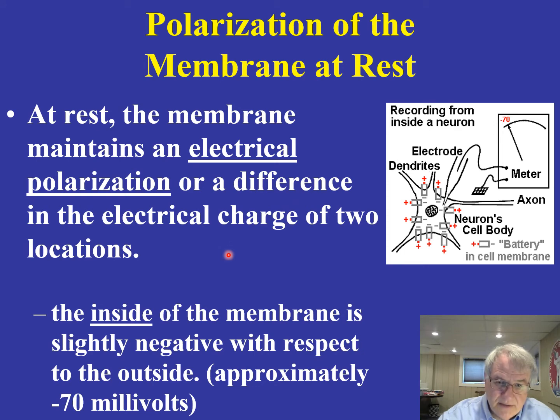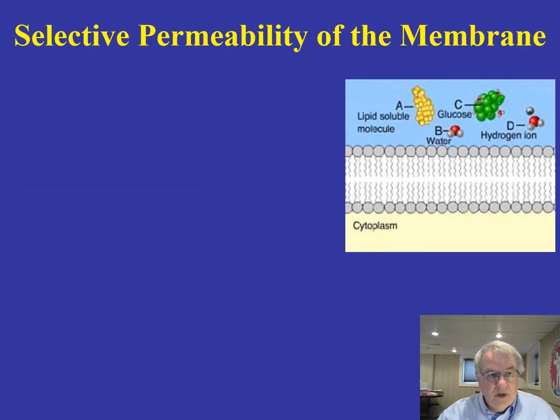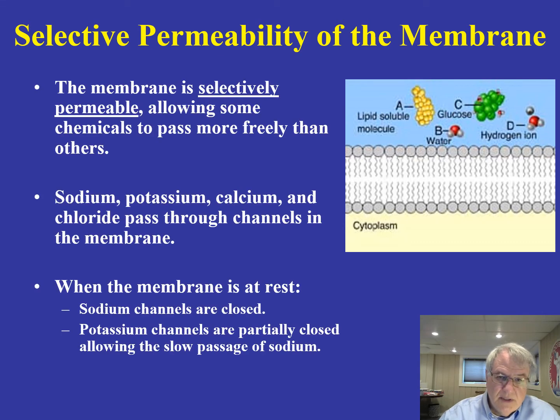The membrane maintains this polarization, or difference in the electrical charge of these two locations. So the inside of the membrane is slightly negative with respect to the outside. And again, it's about -70 millivolts. So we talked a little bit about permeability of the membrane by way of these protein-based channels.